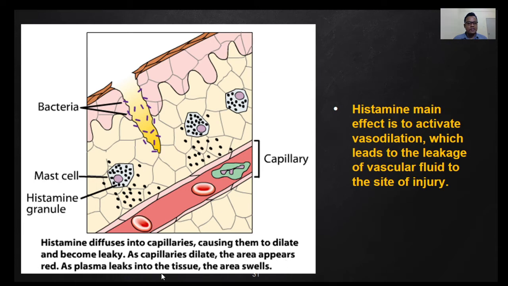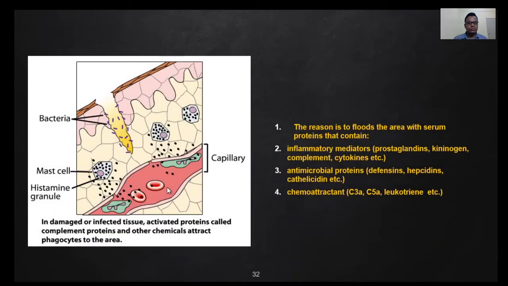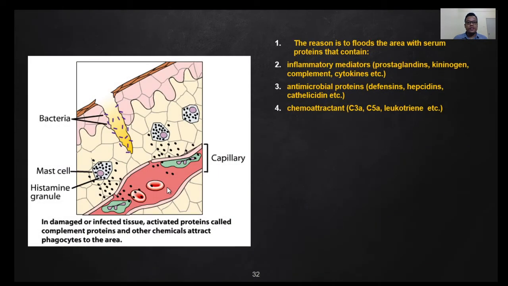As plasma leaks into the tissue, the area becomes swollen. Histamine's main effect is to activate vasodilation, which leads to leakage of vascular fluid to the site of injury. The reason is to flood the area with serum proteins that contain inflammatory mediators, antimicrobial proteins, and also chemoattractants.